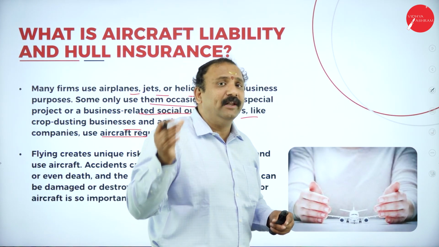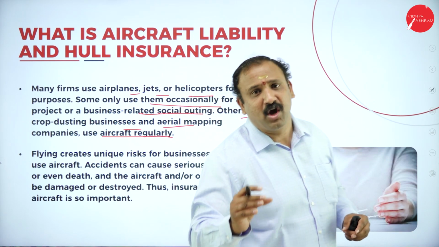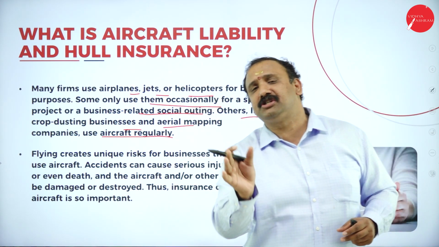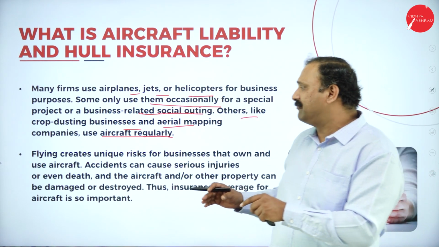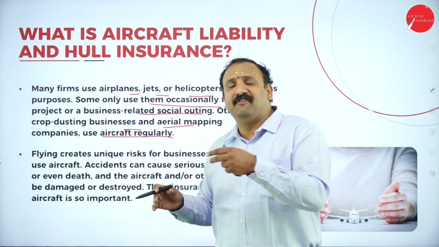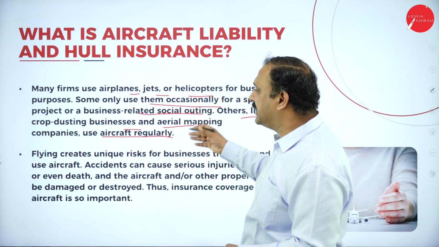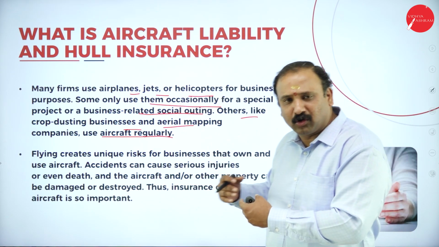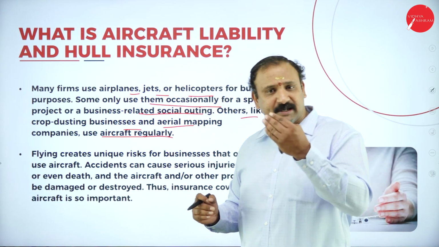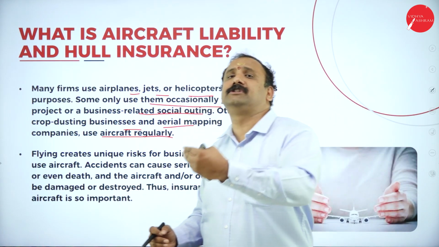Some people will use this aircraft only for a business or a leisure purpose. Some people might use the same aircraft for a business-related factor, like when I'm talking about aerial mapping or when you're going to spray pesticide or crop dusting altogether. So there is a business side to it, there is a social side to it.